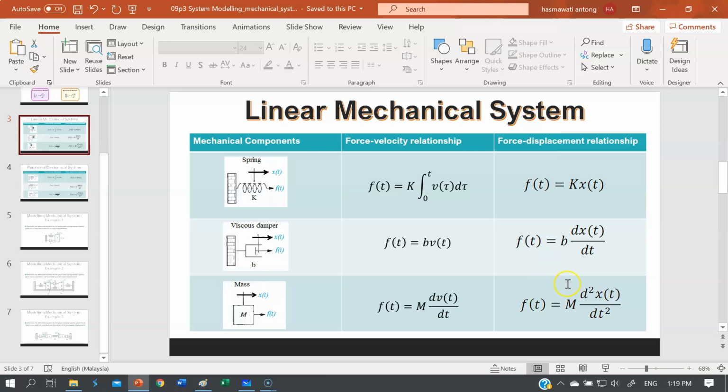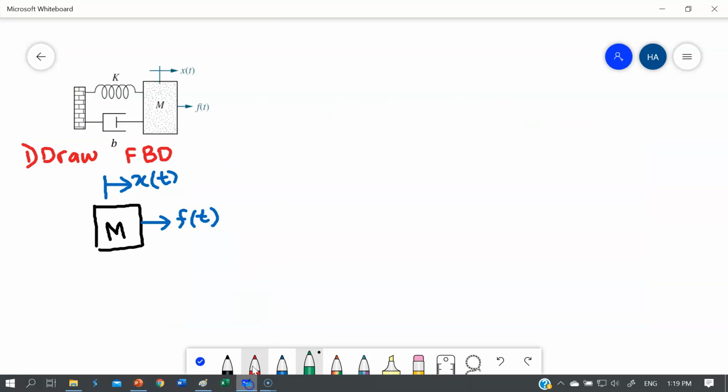So if we replace this into our free body diagram, first we have the force due to the spring, which is k x of t.